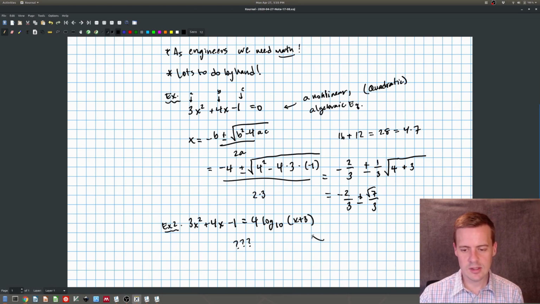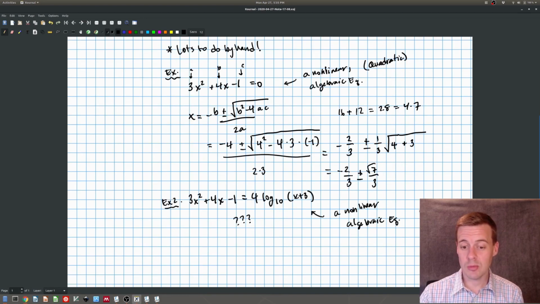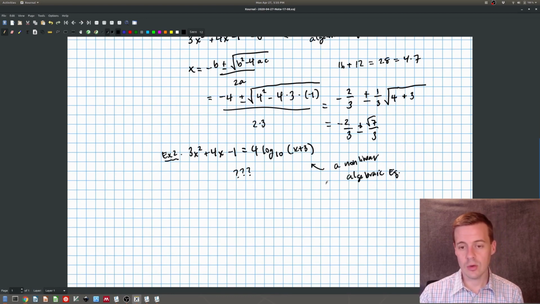This is still a nonlinear algebraic equation. It's not a quadratic equation anymore, and in fact, this is kind of a total mess, right? Because over here, I could try and use the quadratic formula, but I've got an x buried in here, so there's no way to isolate the x.